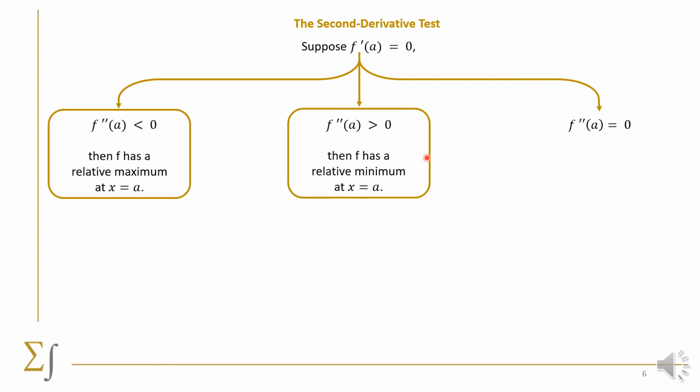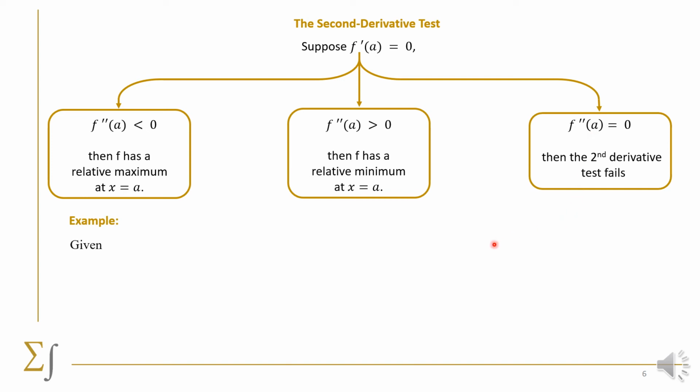And in the third case, when we have the f double prime, or the second derivative, evaluated at a equals 0, then we say that the second derivative test fails and we should try to find another test for that specific value of x equals a to find the relative extrema at that x equals a.